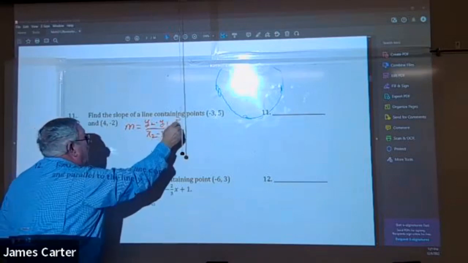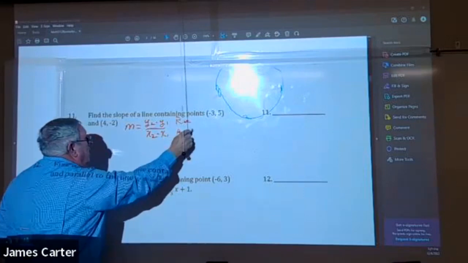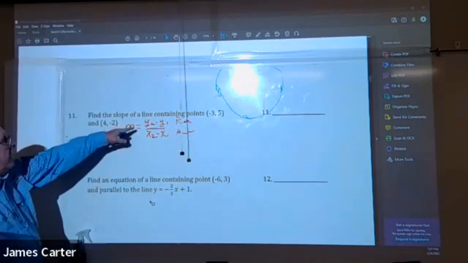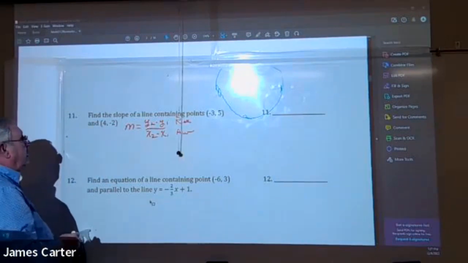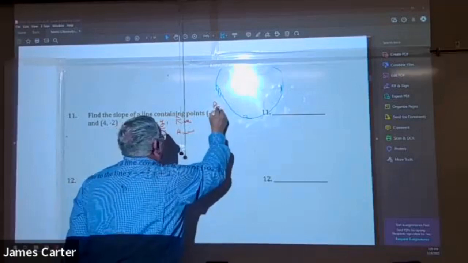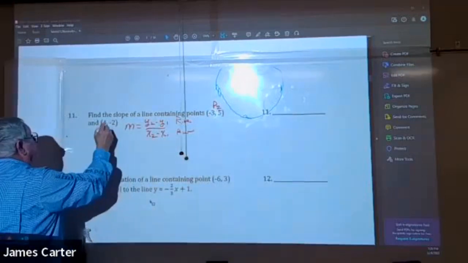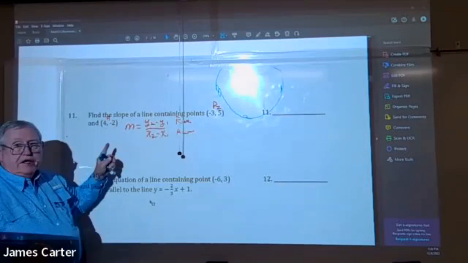In other words, rise over run. Every year I have some people get that thing upside down. Now, I choose to call this point 2, and I choose to call this point 1. That way I can just go left, right, left, right.